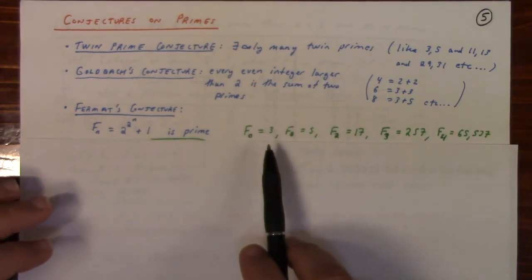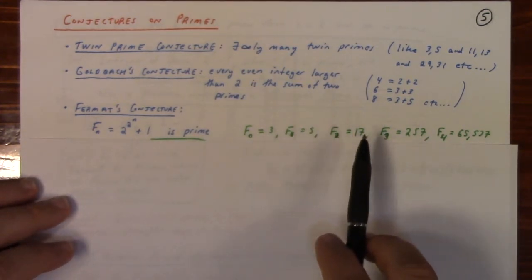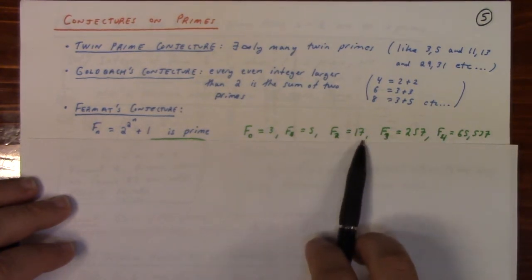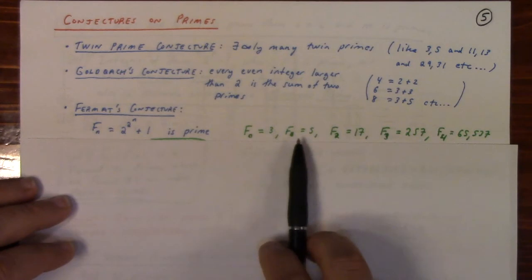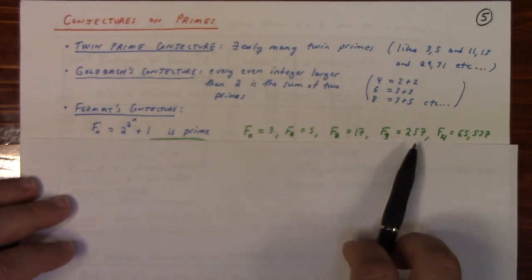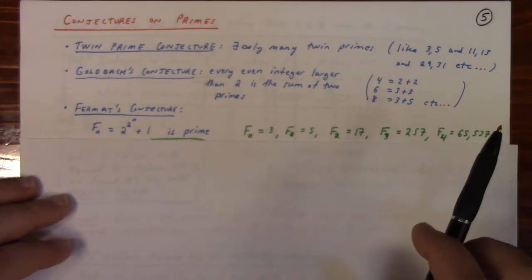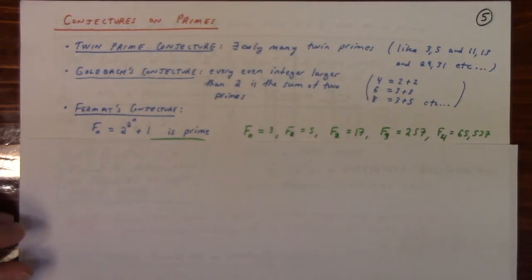And that's true for the 0th, the 1st, the 2nd, the 3rd, the 4th, F4, right? 3, 5, 17, you might recognize as primes. 257, I don't recognize it as a prime, but I'll take its word for it. 65,537, also prime.